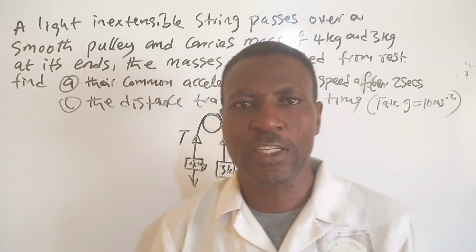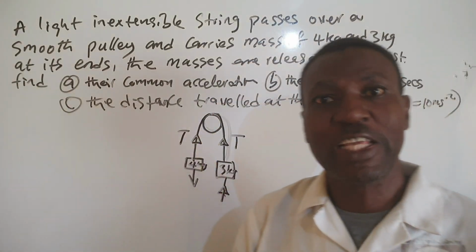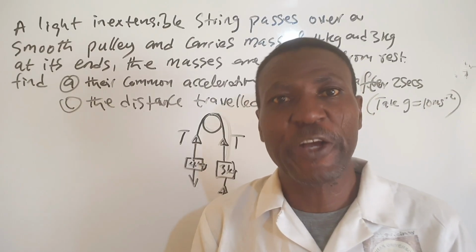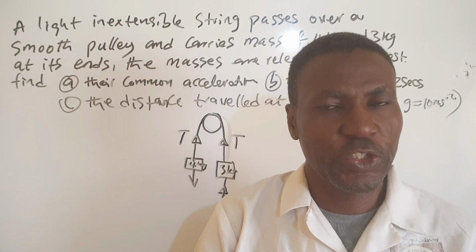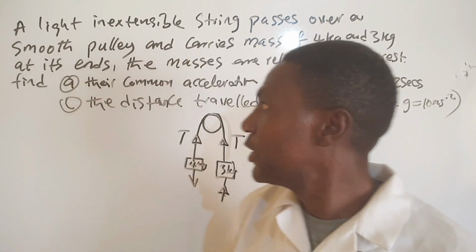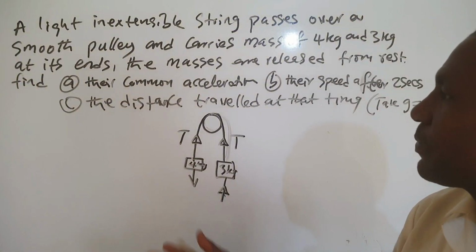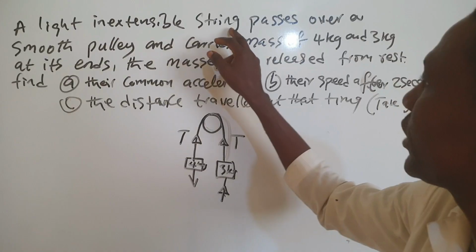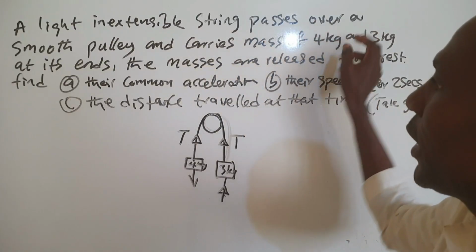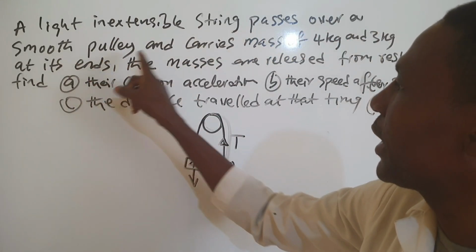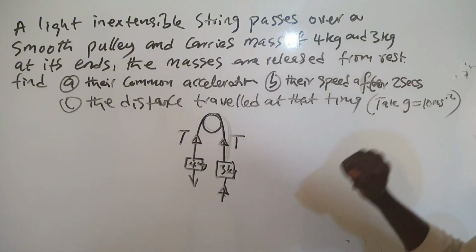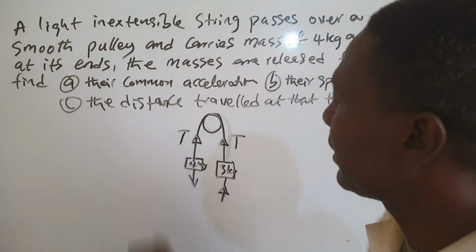Hi everyone, this question on board is one of the technical questions you can see on the topic of tension on a rope, alright? So the question says, a light inextensible string passes over a smooth pulley and carries masses of 4 kg and 3 kg at its ends.